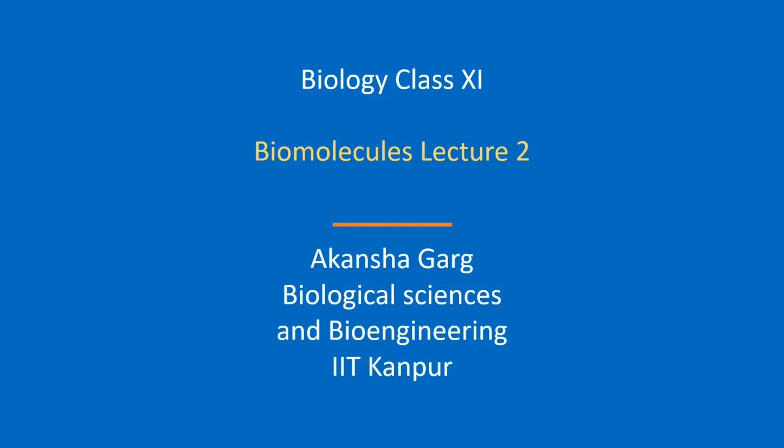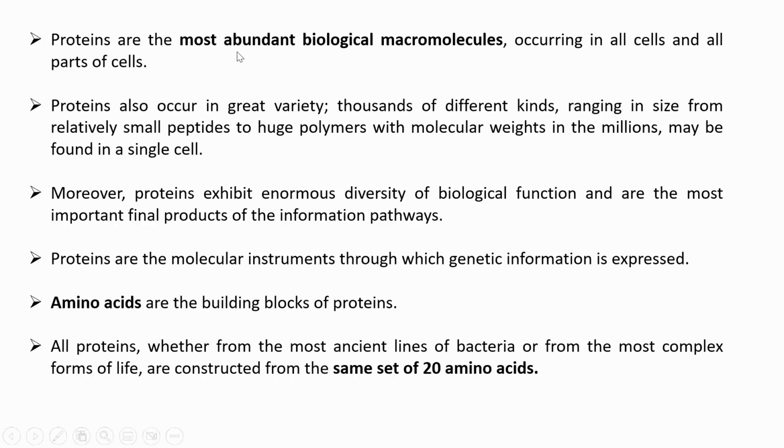In today's lecture, we will mainly focus on what amino acids and proteins are, what the functional importance of proteins is, and how proteins are formed. So what is the basic structure of proteins? Proteins are the most abundant biological macromolecules.